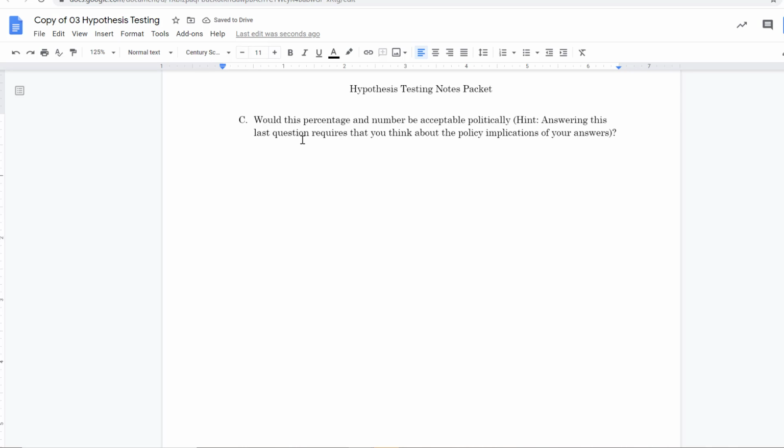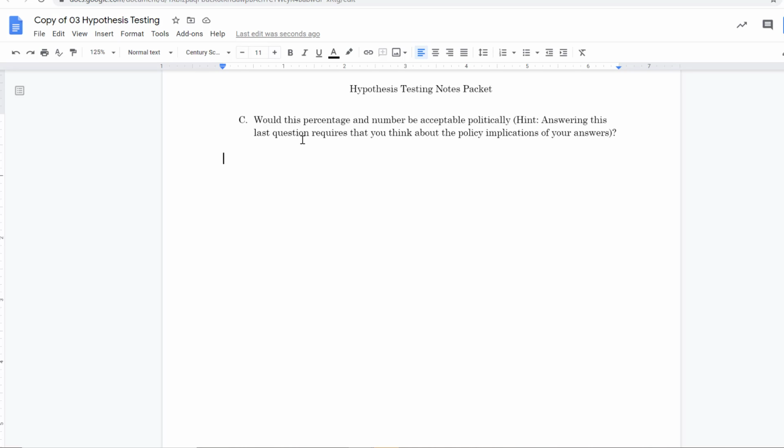This is where I ask you, okay, you've figured out the numbers. Now we need to put the numbers into context. Like what would happen if the state decides to do this and the superintendent moves forward? So I asked this question, would this percentage and number be politically acceptable? And I want you to think about this. How do you think parents would respond if they find out their dear child has now failed based off of the score of a test and is going to be held back?